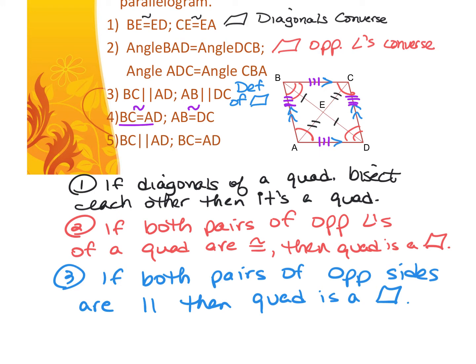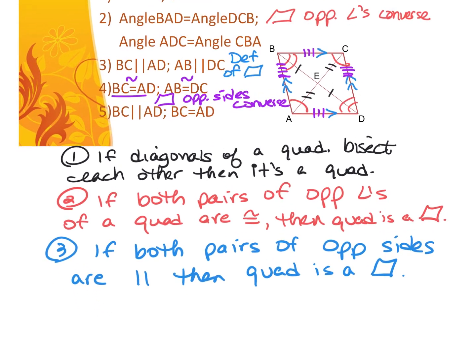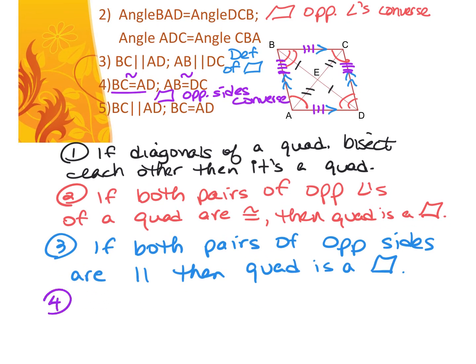Okay, so because these are congruent sides, both pairs, number 4 is going to be the parallelogram opposite sides converse. So that's the name of it. And again, you're either memorizing the name or you're memorizing what it states.